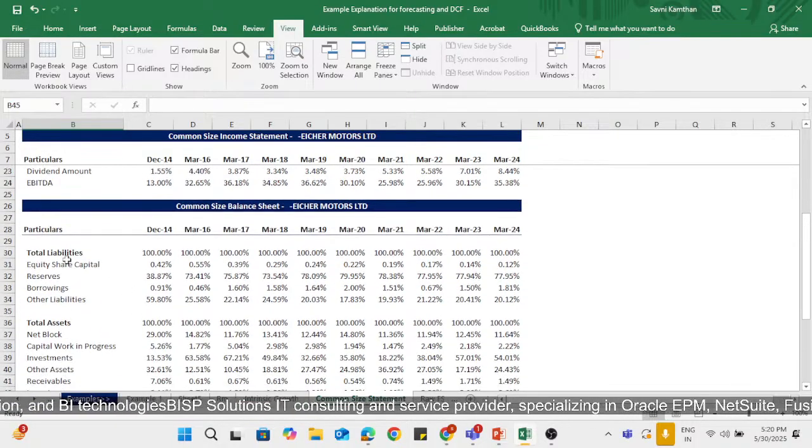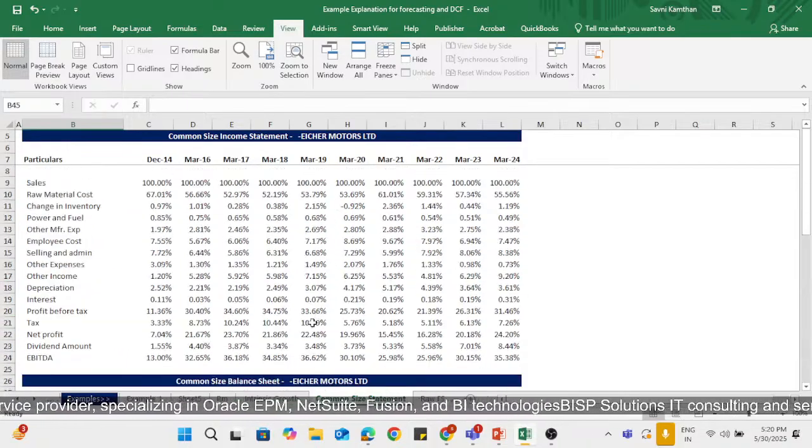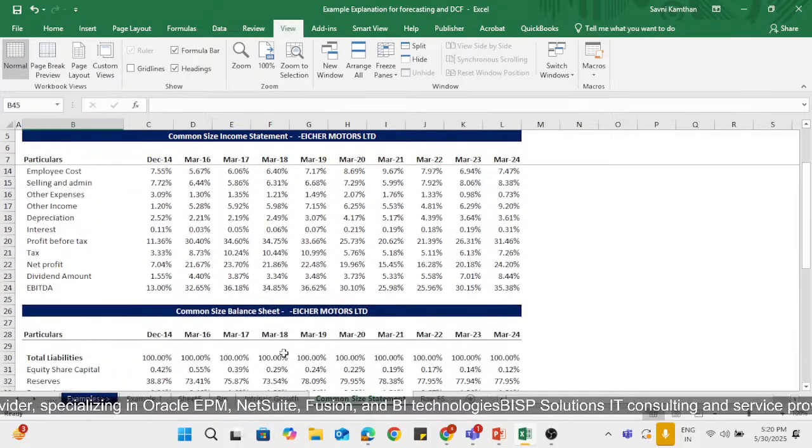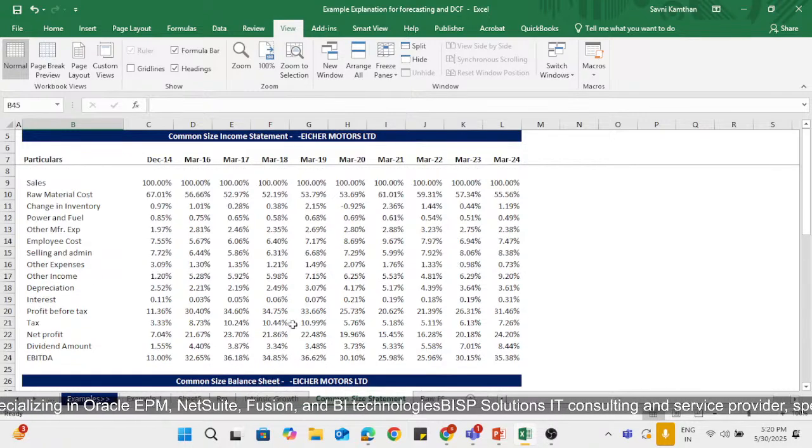Like total liabilities also, it is 100% first of all, but if we are calculating equity share capital, the amount of equity share capital will be divided by total liabilities. Same goes with reserves, borrowings and other liabilities. Like this we can prepare our common size balance sheet of Eicher Motors.